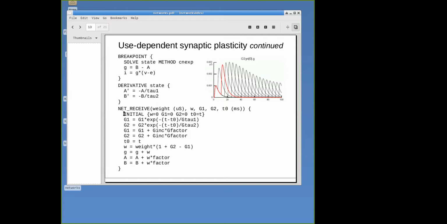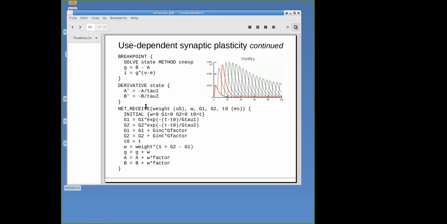And when the synapse is first initialized, in its resting state, G1 and G2 are initialized to 0, and T0 becomes the time at the beginning of the simulation.